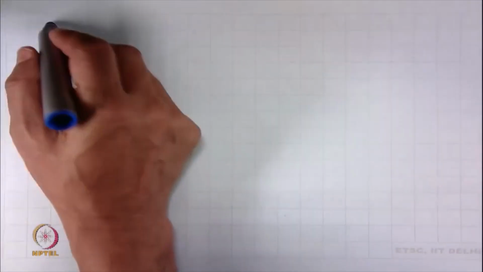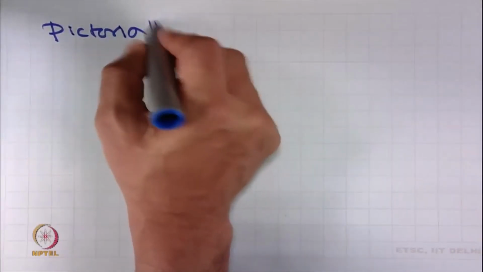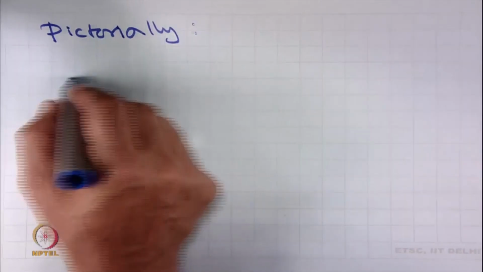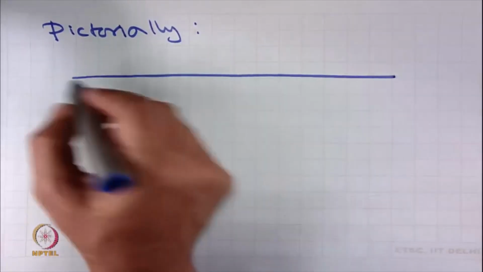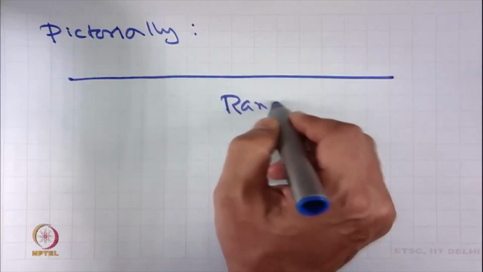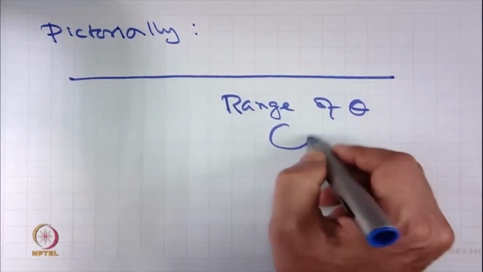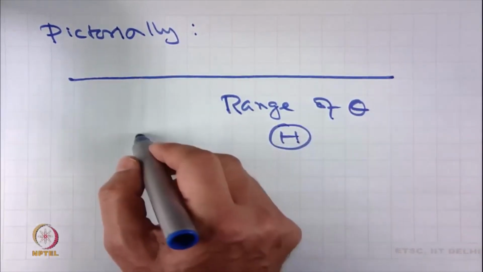So, pictorially, suppose this is the range of theta, which we have already denoted as capital theta.